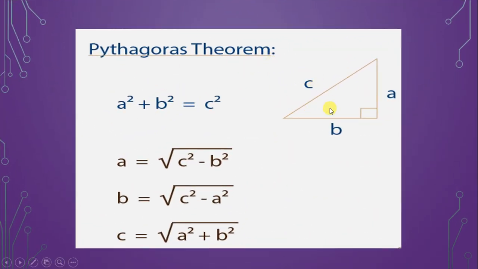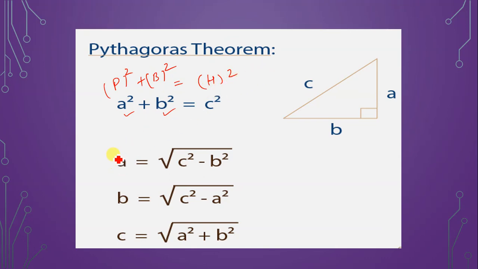Pythagoras theorem, having the same. If you want to find out the other two sides or one of the sides, if two sides are given, what can be the relation? By using the same. So a square plus b square gives c square. Means what? Hypotenuse square will be equal to perpendicular square plus base square. P square plus b square gives h square.